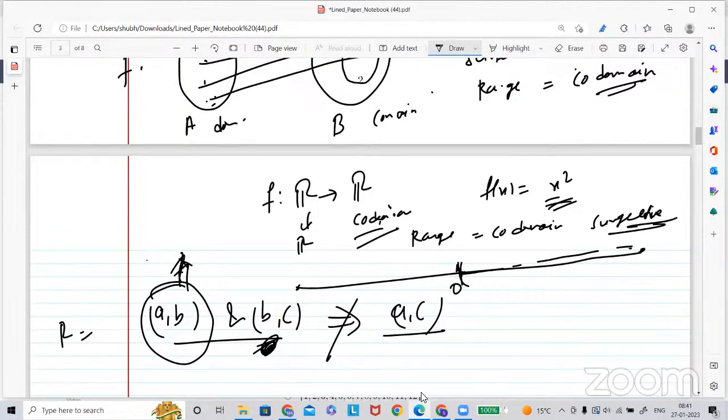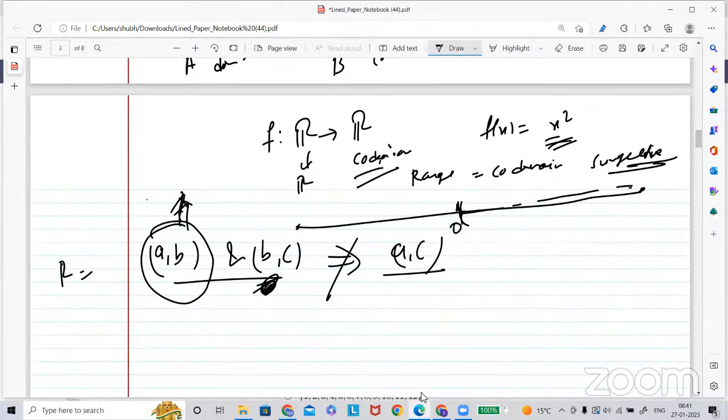Okay, sir. In the same example, can I ask you one thing? Yes, sure. If the condition is like AB and BB, is this transitive? Yes, it is transitive. Because AB is there and BB is there.